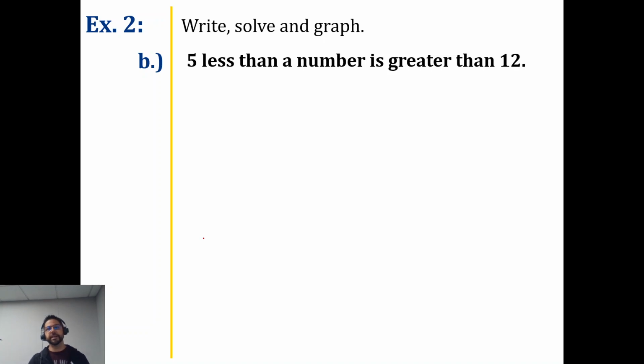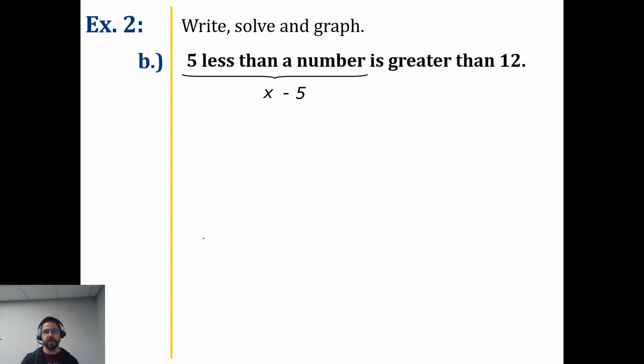5 less than a number is greater than 12. Remember, less than, a little bit tricky there for students. 5 less than a number is actually x subtract 5, not 5 subtract x. Hey, look at this one. It gives us our actual word, greater than.